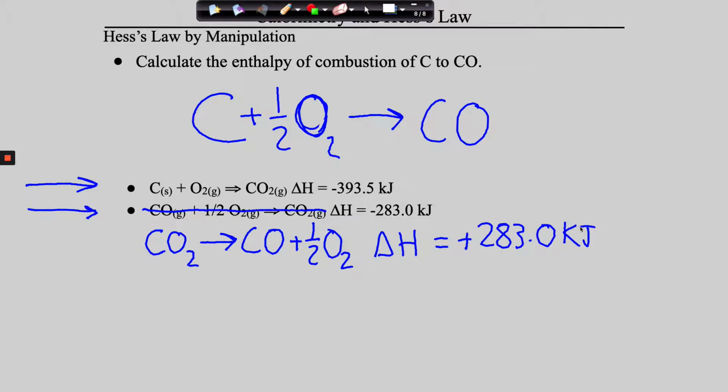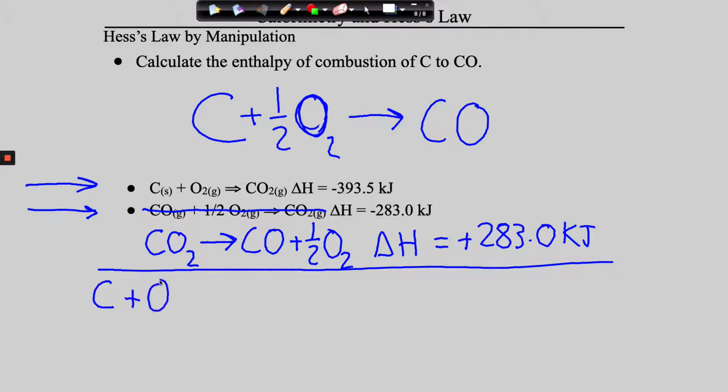So now, guys, what we've done, and this is the thing that's nice, they always give you just the equations that you need to manipulate to make this work. So once you have checked and manipulated all of these equations, then you bring them down. Let's gather our reactants together. So we have carbon and we have oxygen in the top reaction, and then we have CO2 in the bottom reaction.